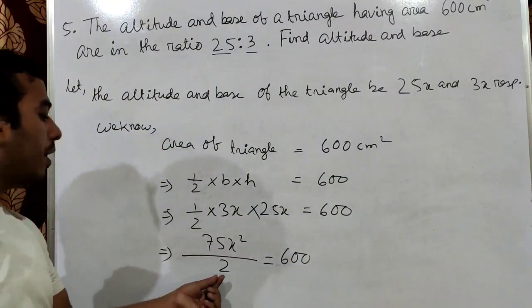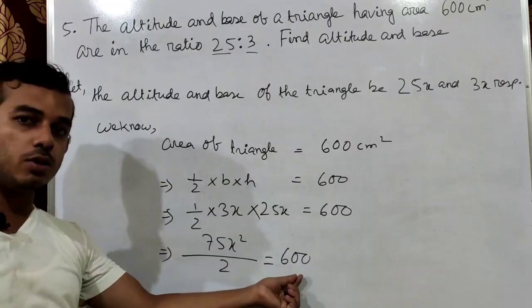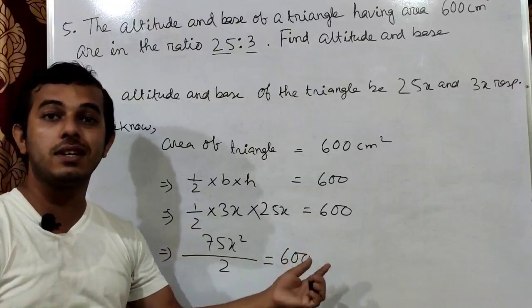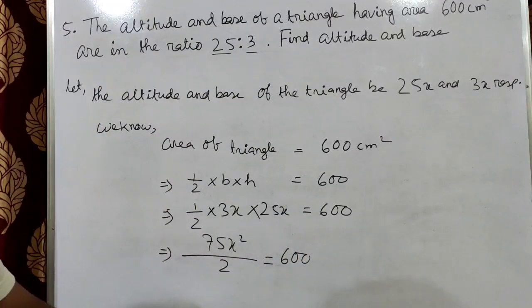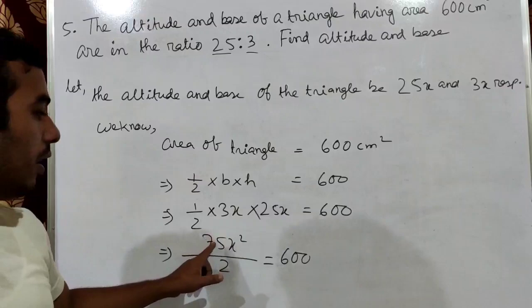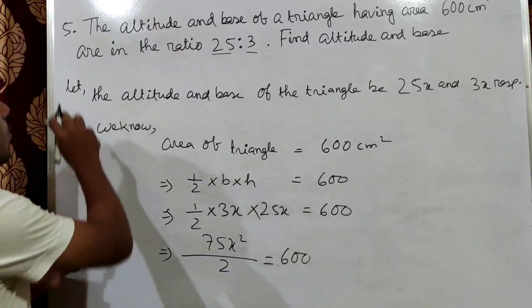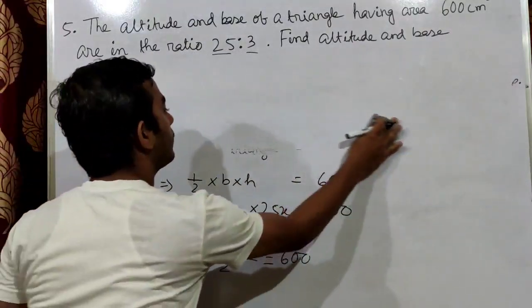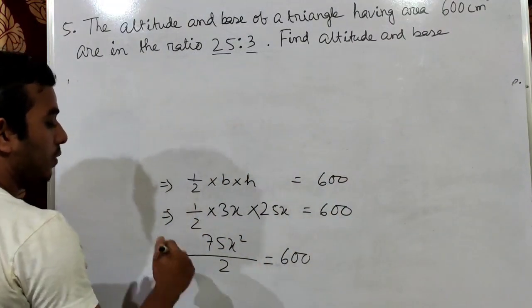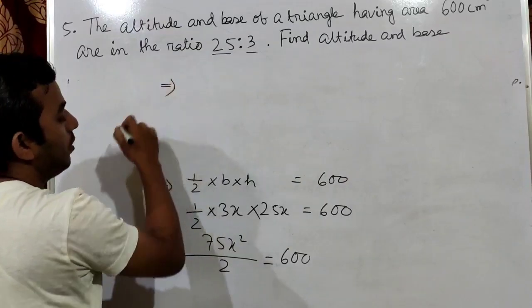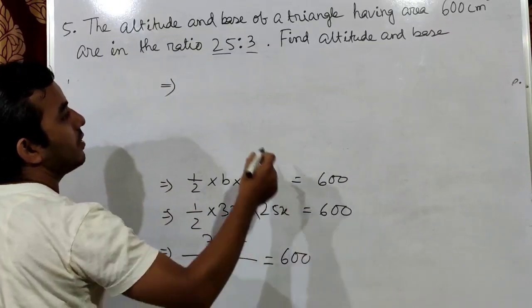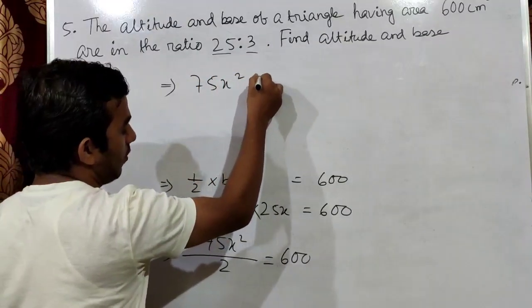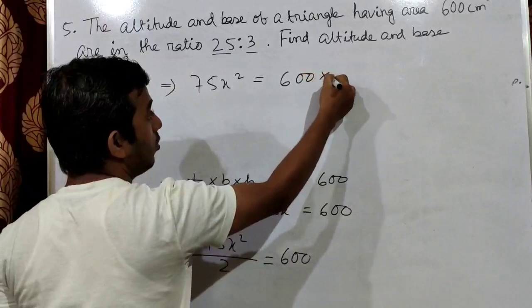Now here 2 is divided, so when we change the side, it will get multiplied. Let us do it one step at a time. First, move this 2 to the right hand side, so it will be 75x square equals 600 into 2.